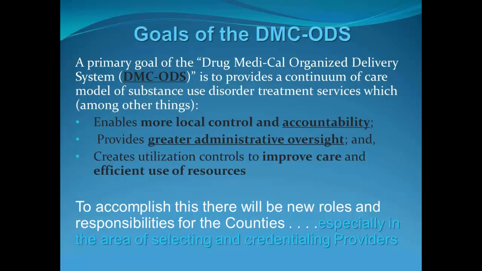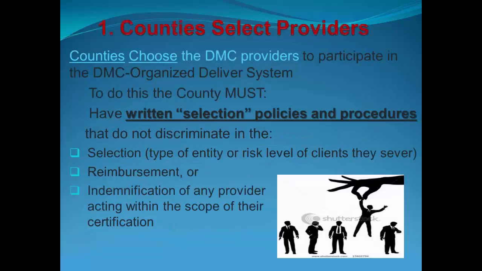This is, of course, really focused at looking at reducing waste, reducing redundancy of services, reducing certainly fraud in any cases where we may be concerned about that, and the efficient use of these resources. In this, it's somewhat of a decentralization down to the provider level and to the county level.